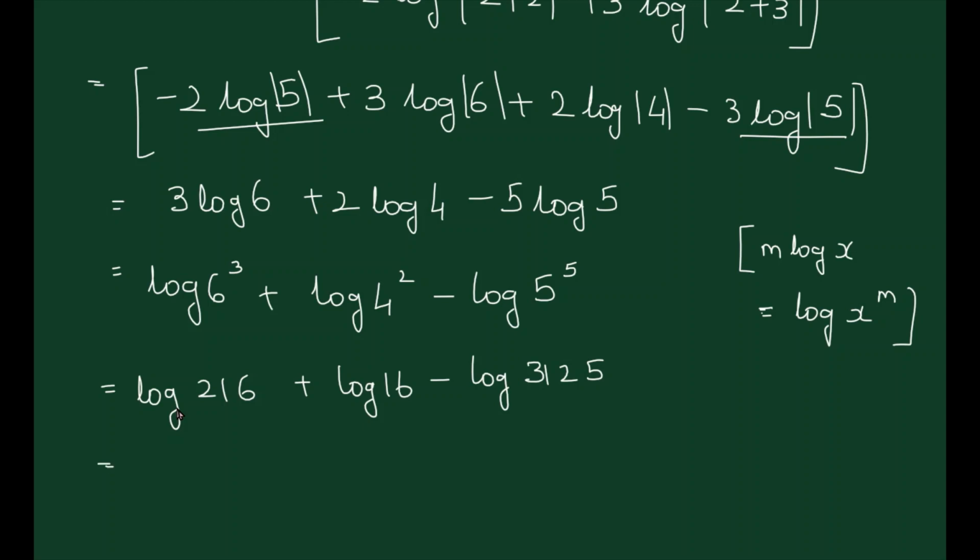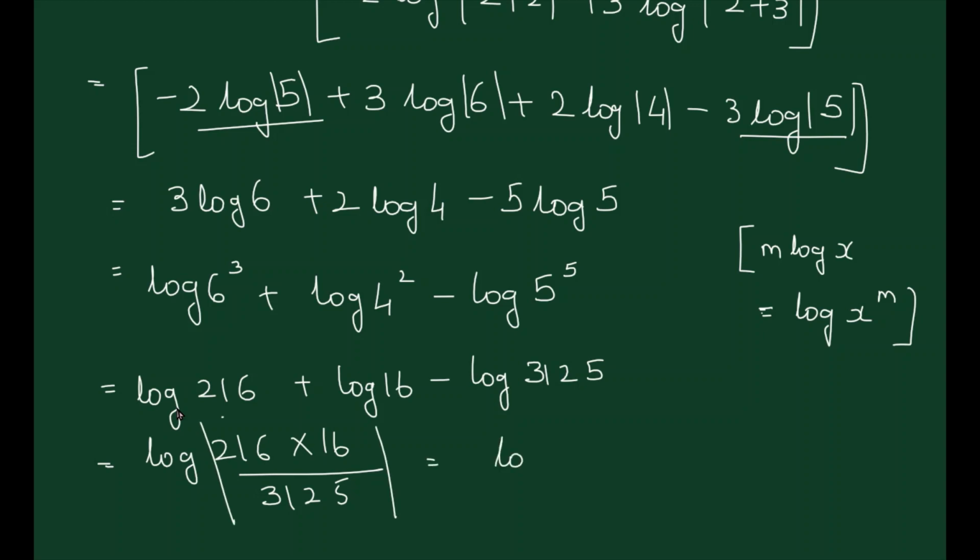So now again one more concept of logarithms to remember. When two logs are added, we can combine them by multiplying the numbers together, and similarly upon subtraction we can combine them by dividing the numbers. So over here we can combine all these logs by writing log of 216 into 16 upon 3125.